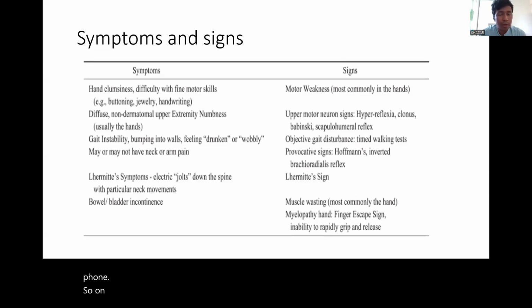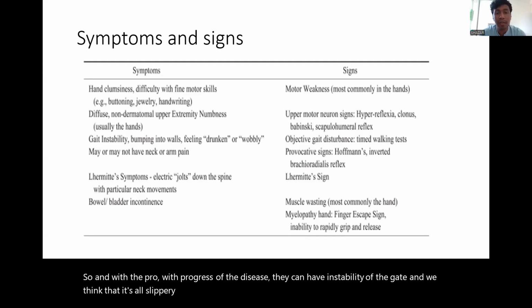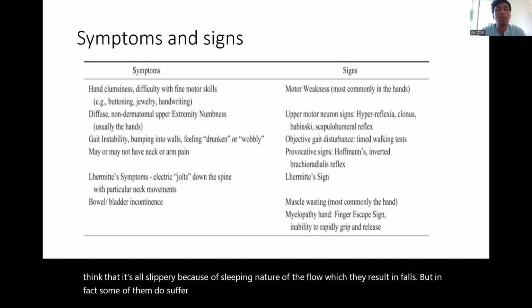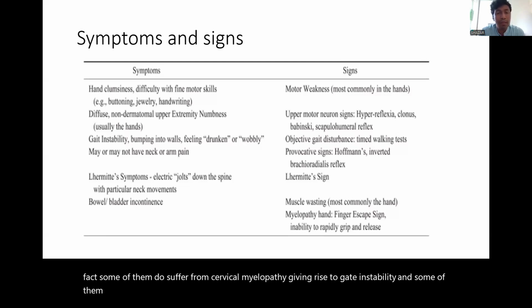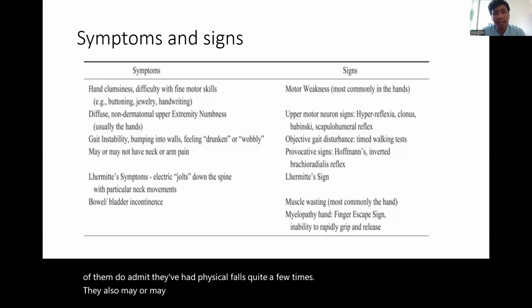And with progress of the disease, they can have instability of the gait. We think that it's all because of the slippery nature of the floor, which could result in falls. But in fact, some of them do suffer from cervical myelopathy, giving rise to gait instability. And some of them do admit they've had physical falls quite a few times. They also may or may not have axial neck pain or arm pain. The arm pain can be radicular in nature.